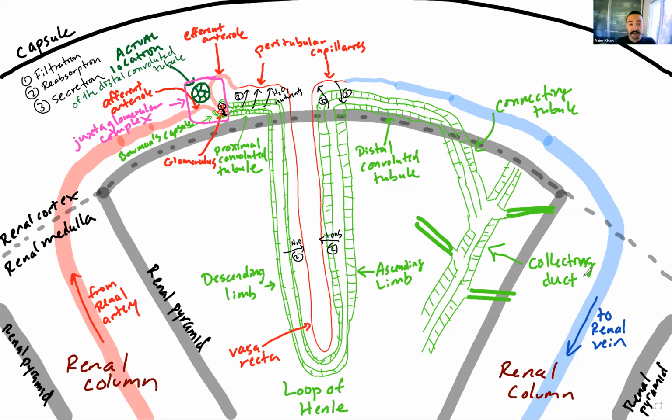And notice how collecting ducts go back into the medulla. Last chance to absorb anything from the collecting duct to the vasorecta. I know this isn't the most accurate here in terms of drawing, but we'll go there. Last time we can reabsorb stuff.